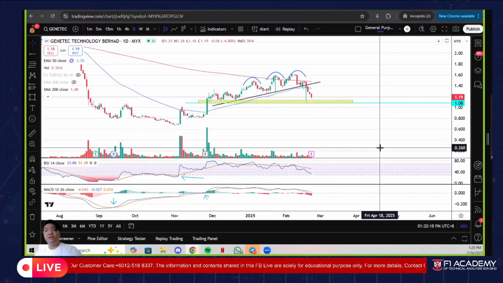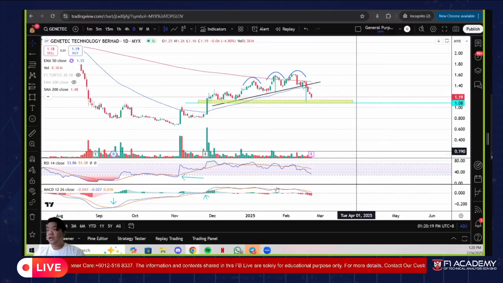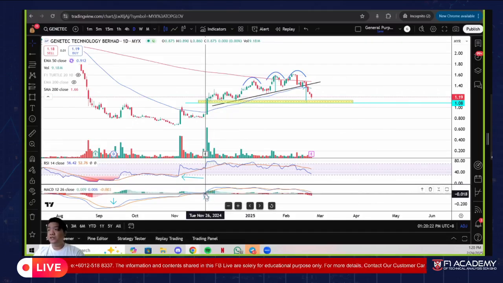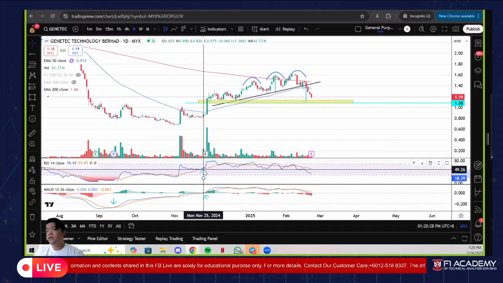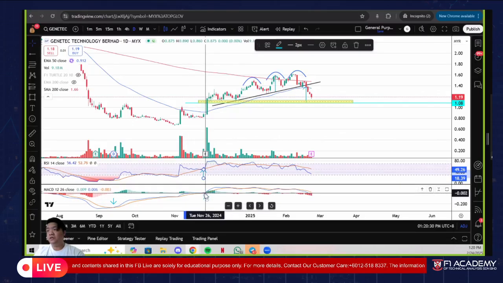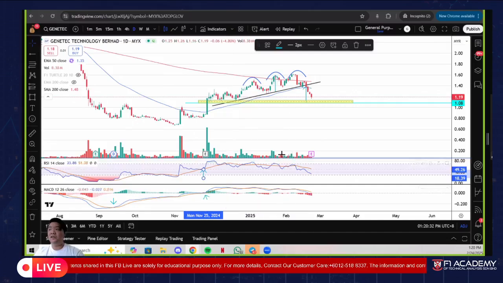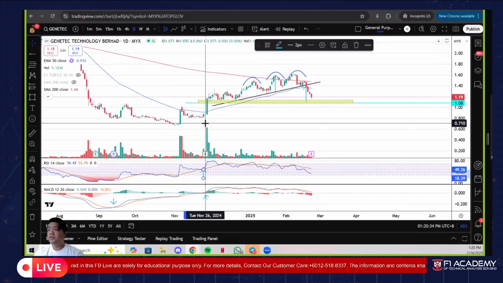So you need confirmation like that. And for further confirmation, if you were a good disciplined trader, you would have a cross here, and then a cross here. So you have double the momentum and the confirmation. And this happens about a day before the huge spike. So you will catch these opportunities. That's just an example.